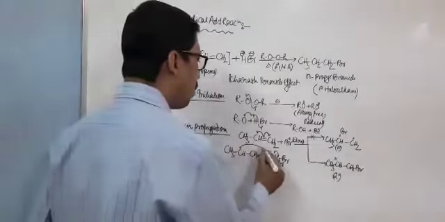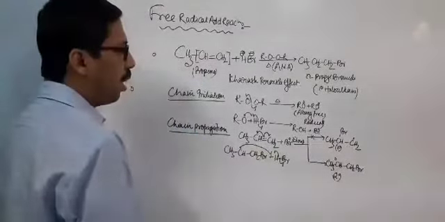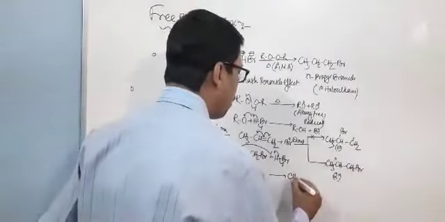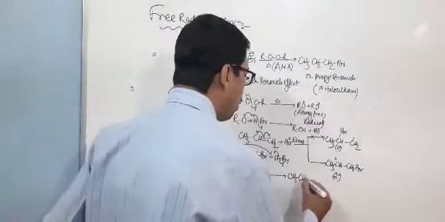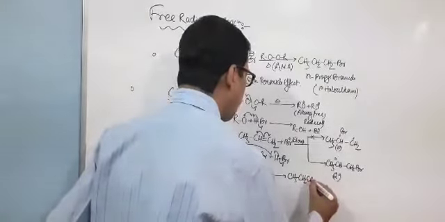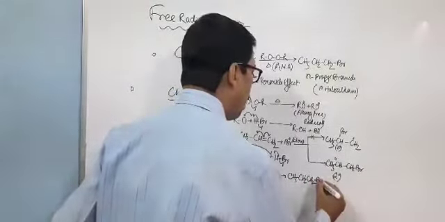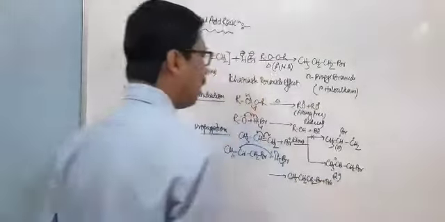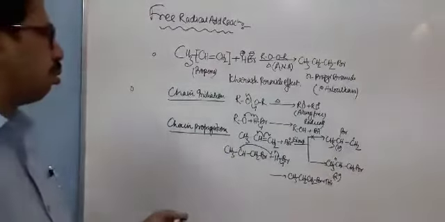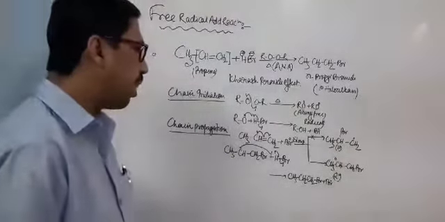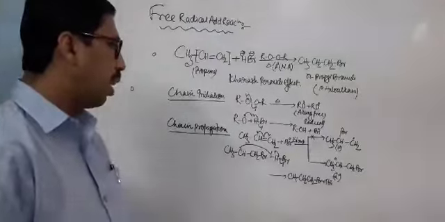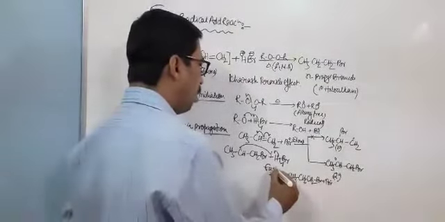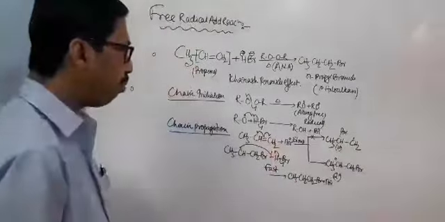This free radical carbon interacts with the hydrogen atom of HBr and results in the formation of CH3 CH2 CH2Br, and the bromine free radical is regenerated. So we have generated the main product, n-propyl bromide, and the second step is very fast.